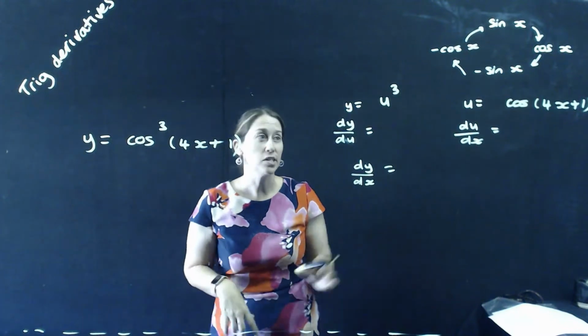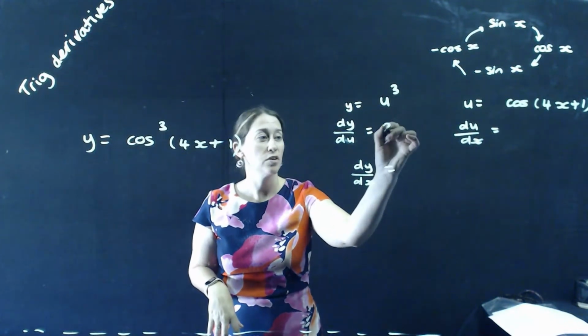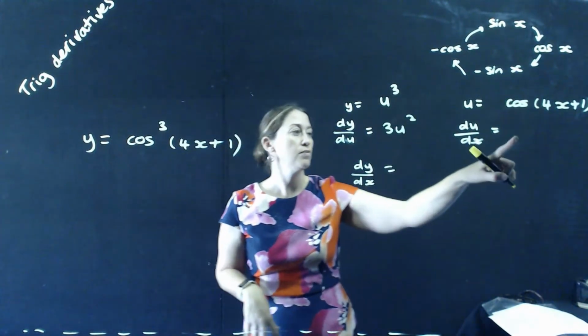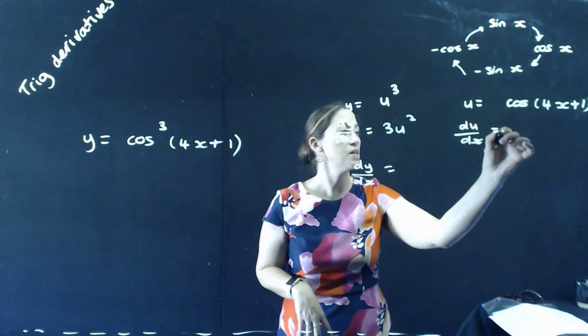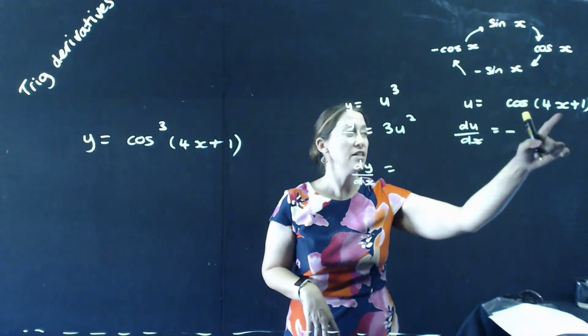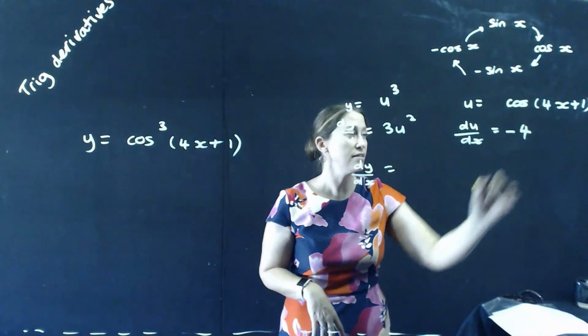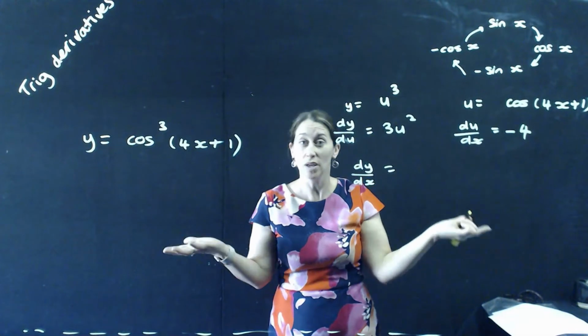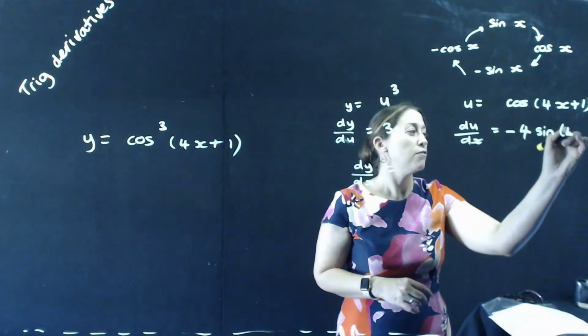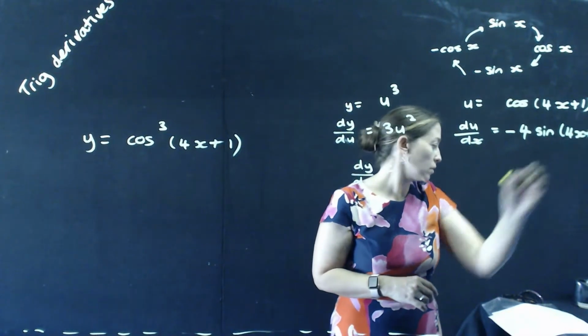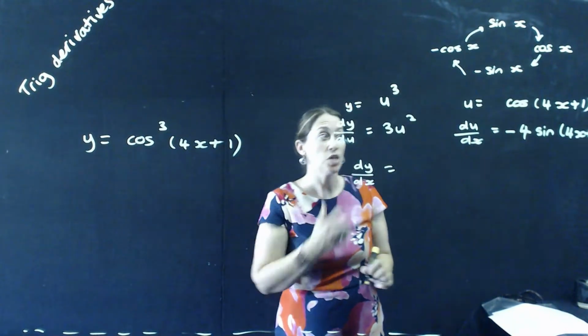Differentiating each of those two simpler functions, this one becomes 3u squared, and this one becomes, well, cos goes to negative sine, and don't forget we need to multiply by the derivative of this. So I'm actually applying the chain rule here as well, but this one's easier. It becomes minus 4 sine of 4x plus 1. That's just gone off the end of the screen, apologies for that.